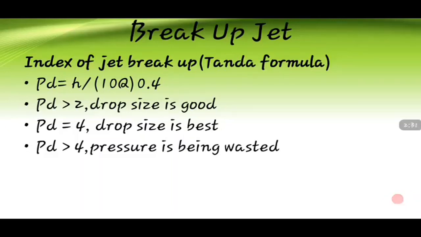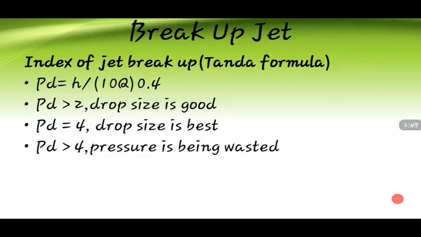If the PD is greater than 2, drop size is good. If the PD is equal to 4, drop size is best. If the PD is greater than 4, pressure is being wasted.